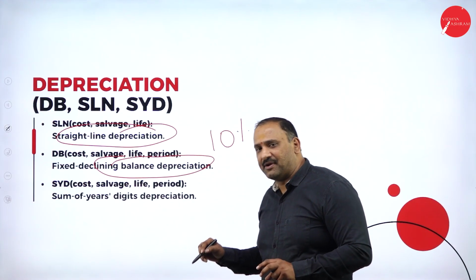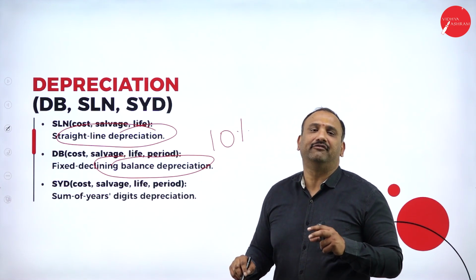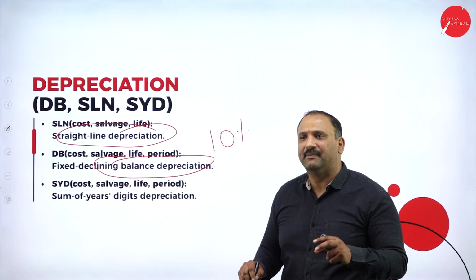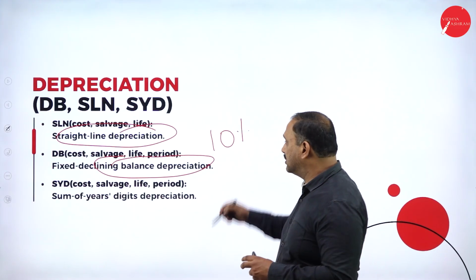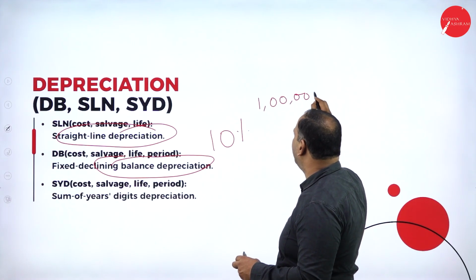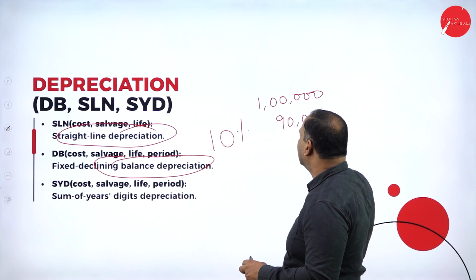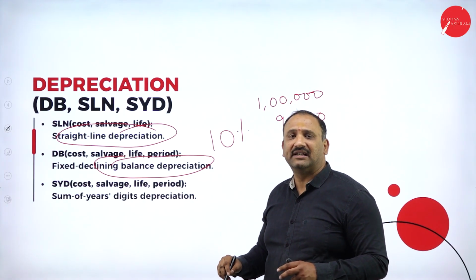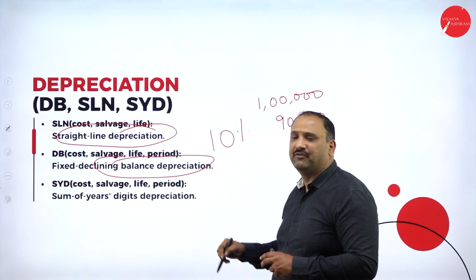So let's say I keep the depreciation rate at 10%, then every year the value of that particular machinery would depreciate by 10%. So if in the first year it was 1 lakh, the next year it would become 90,000. Like this, we keep on depreciating it, and then we try to understand the salvage cost that is remaining for it.